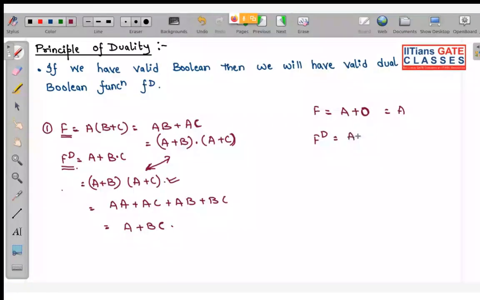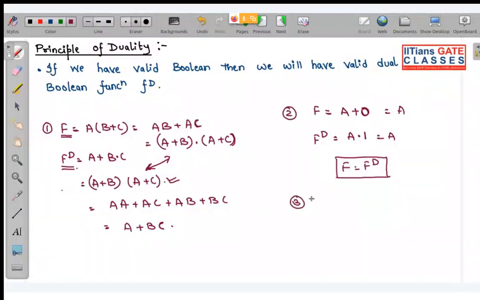So this will be A dot 1, which is again A. So you can see F is always equal to F dual. It is just a different way of representation, but whatever you get after solving is the same. Are you able to understand now what the principle of duality is? Did we understand this? Last example.